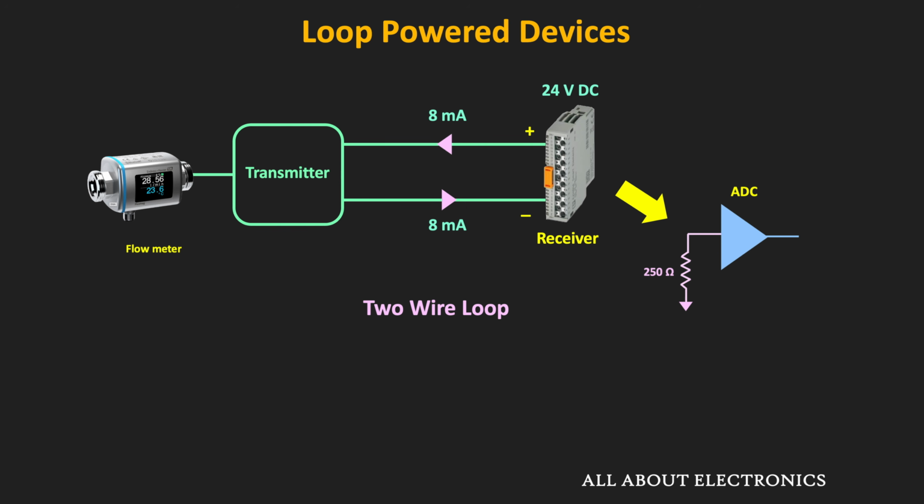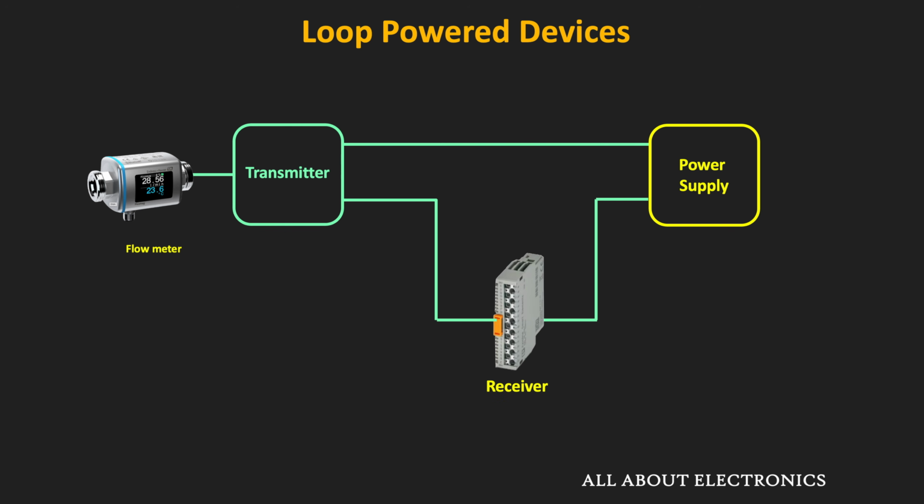Now if the receiver does not have the capability to power up the loop, then in that case, this is how the loop is powered. So once again, the power supply will provide the 24 volt supply to the loop, and the transmitter will draw the current from the power supply based on the sensor output. Let's say that is equal to 8 milliampere. So the same 8 milliampere current will go through the return wire.